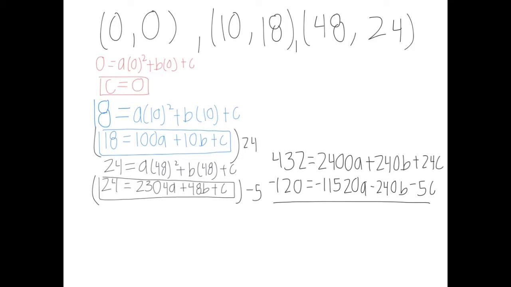Now we add those two equations together and the b values cancel out. So we get 312 equals negative 9,120a plus 19c.